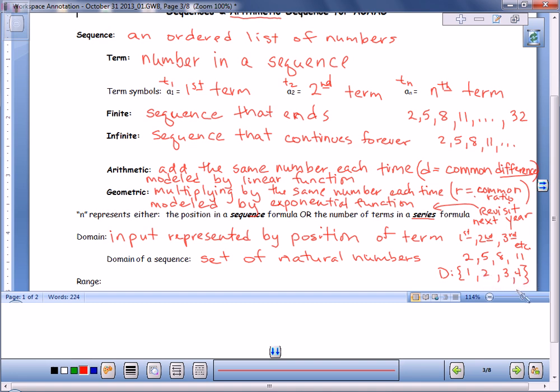All right, range is our output. And our output in this case are just the terms themselves. So when we're looking specifically at the range of a sequence, it is the terms in the sequence.